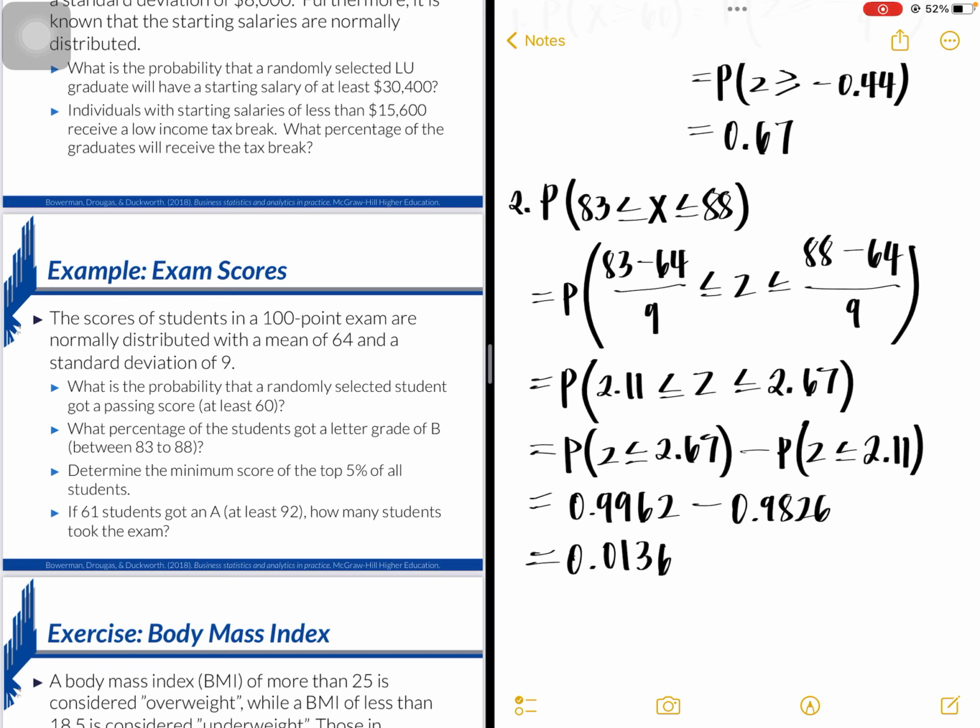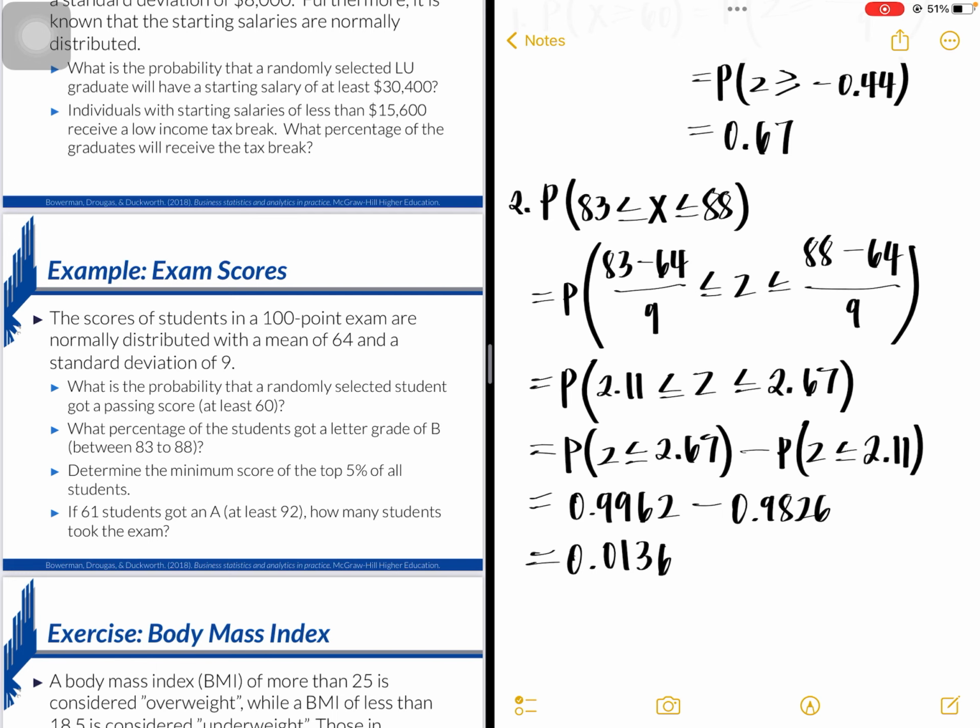So in the calculator, it would look like p of 2.67 minus p of 2.11, and the calculator will give again a more precise value, which is 0.01364, which when rounded off to 4 decimal places is also 1.36%.